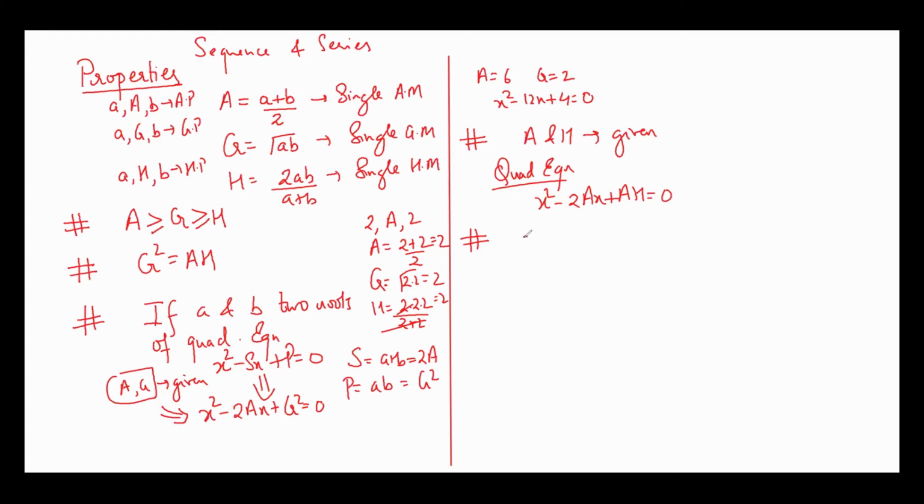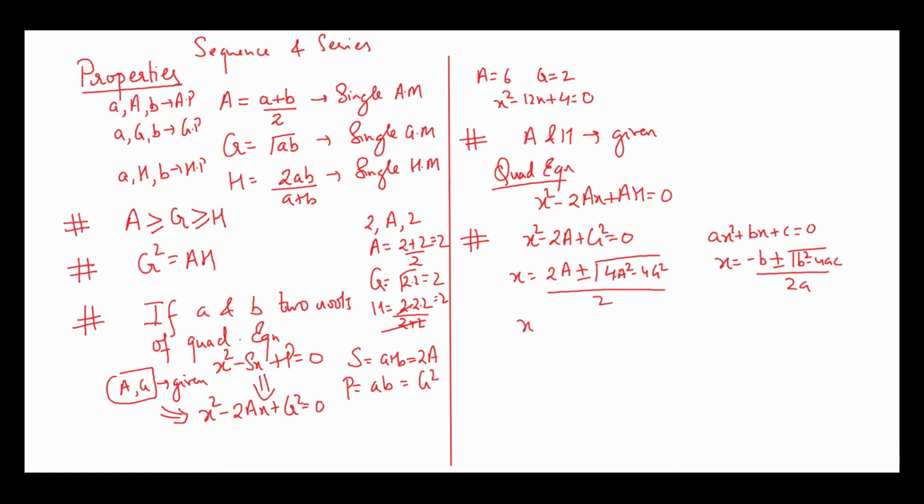So if this is your quadratic equation and you have to find the roots, we know that the formula for the root is x equal to minus b plus minus root of b square minus 4ac upon 2a. So from here, the roots are minus b plus minus root of b square minus 4ac.